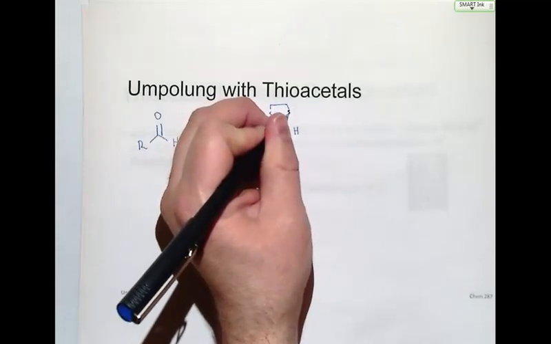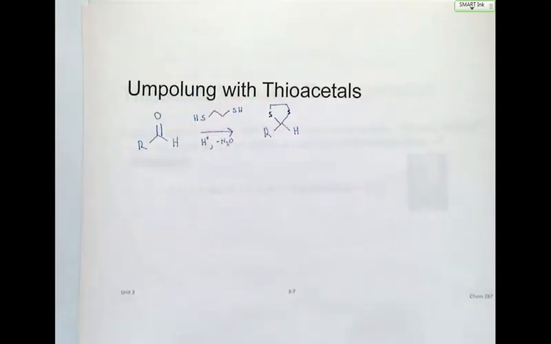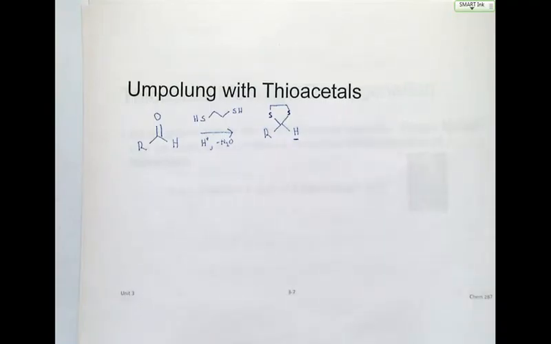What's the big thing about sulfur compared to oxygen? Bigger, it's got more electrons. It's bigger, and it's got a bunch of electrons around it. So it's really polarizable. And it just so happens that because sulfur is bigger and has a bunch of electrons around it, this proton becomes suddenly acidic.